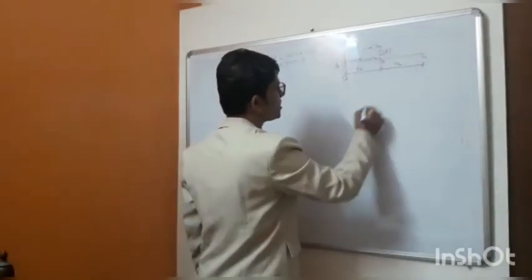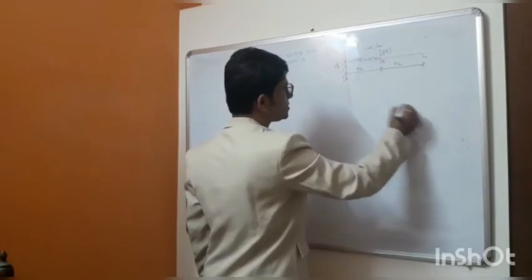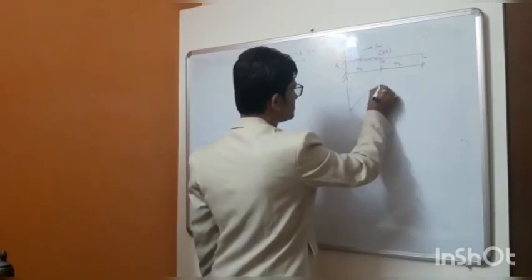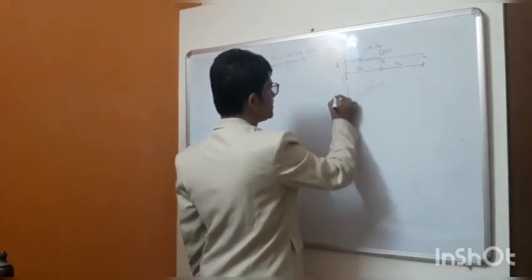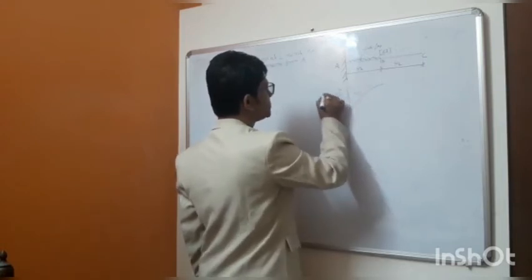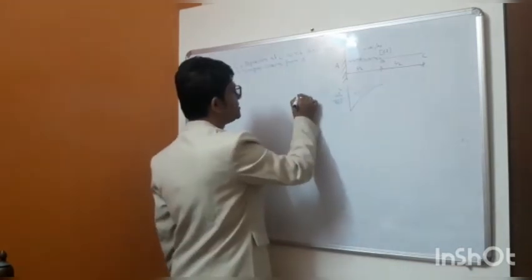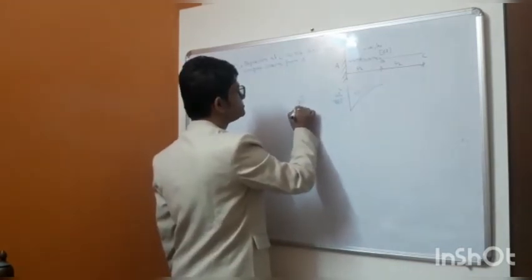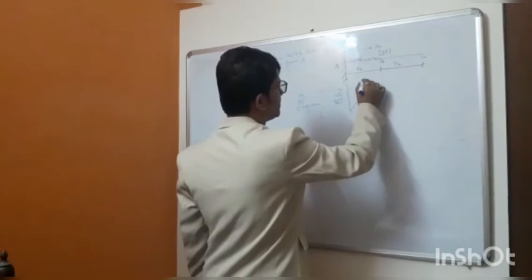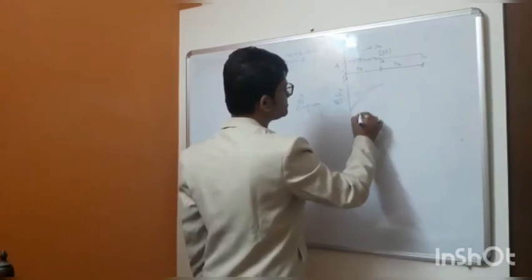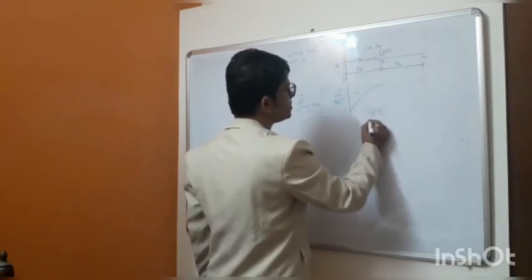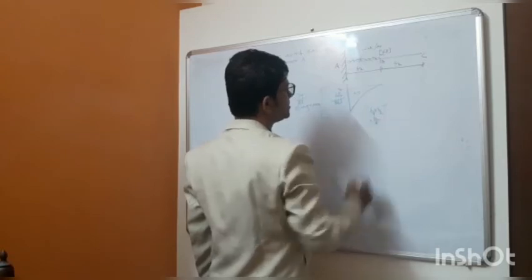So let us draw the M by EI diagram. This M by EI diagram will be a parabolic curve, and here it will be WL square by 8 EI. This is the M by EI diagram, and the CG distance here is 3 by 4 into L by 2, that is 3L by 8.